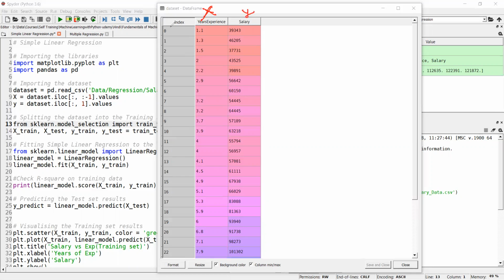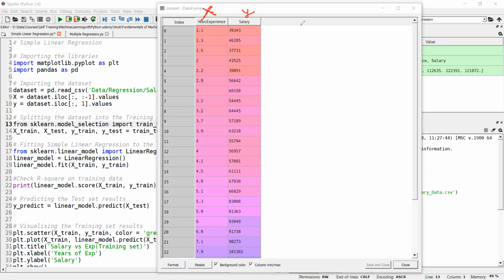How many rows were there? 30, right? So these 30 readings I will split into two sets. One I will use for training, building the model, and the second one to test whether whatever I have built is good, and what is the difference.